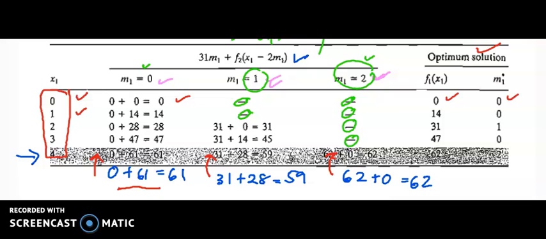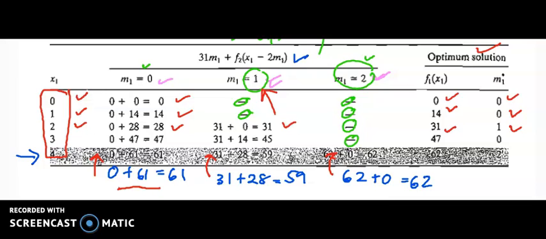When x1 equals 1, again you have no option, 14 is the answer, and it comes from m1 equals 0. Then, when x1 equals 2, you have to compare between 28 and 31. Since we want to maximize our return, we choose the maximum value. So we choose 31, and this 31 comes from m1 equals 1.